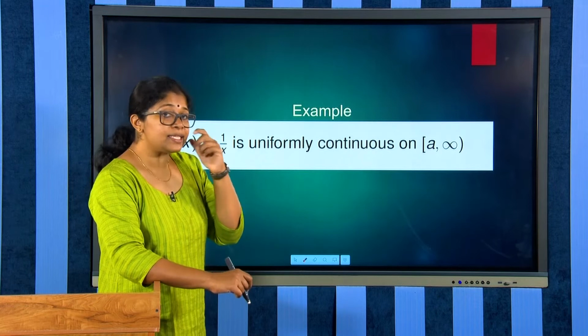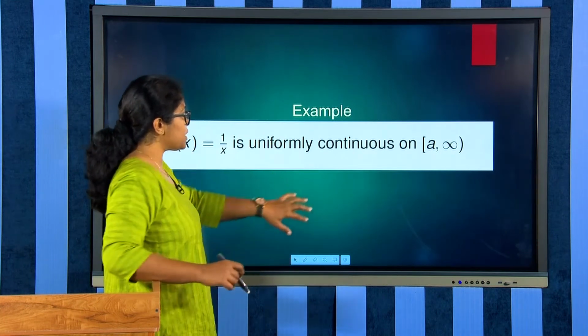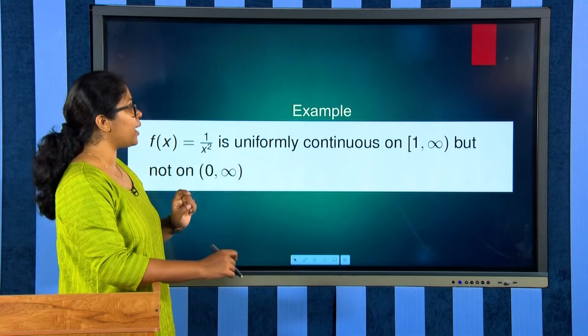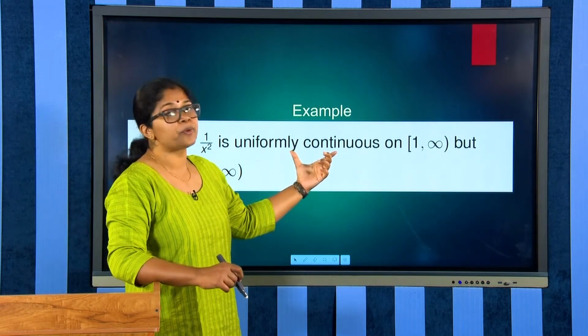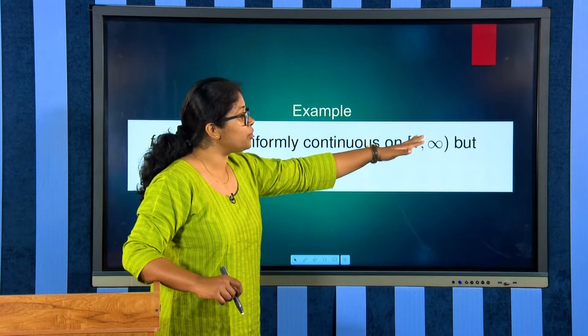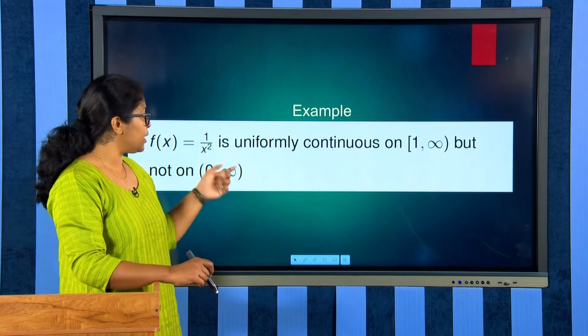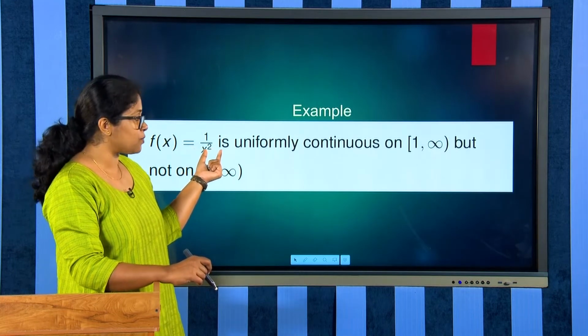An exactly similar result can be seen for f of x is equal to 1 upon x square, and this also can be proved to be uniformly continuous on closed interval 1 to infinity, but not on 0 to infinity, because it is given to be 1 by x square.